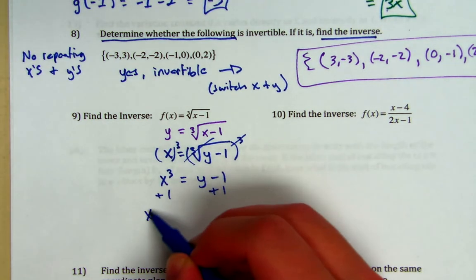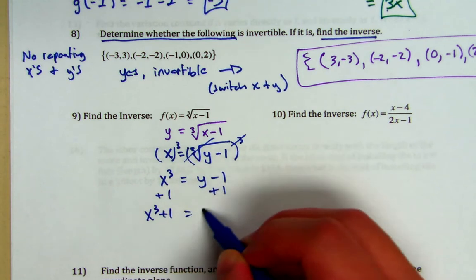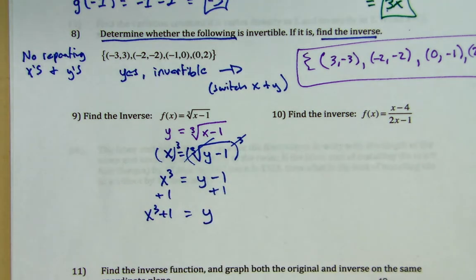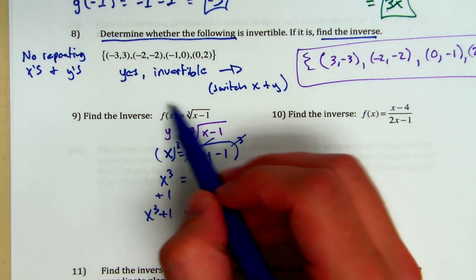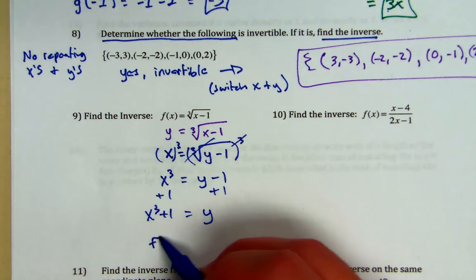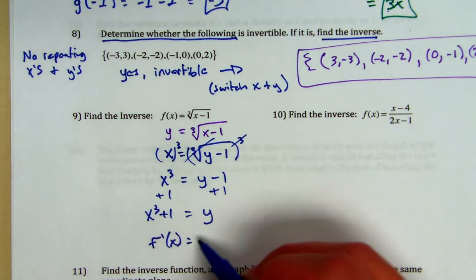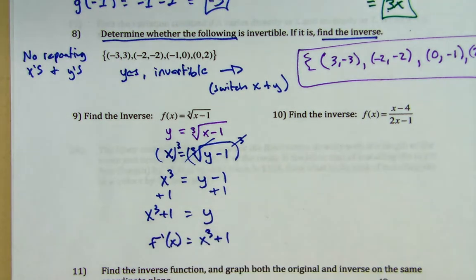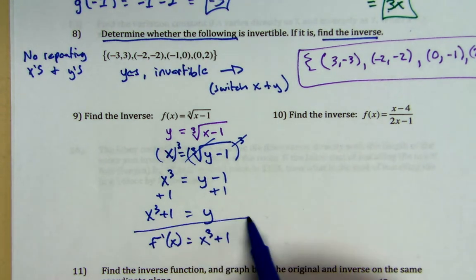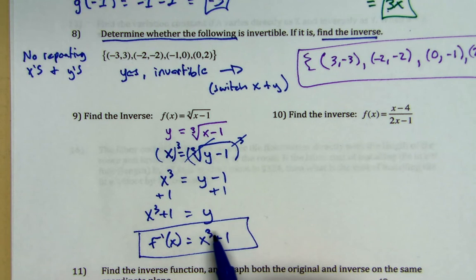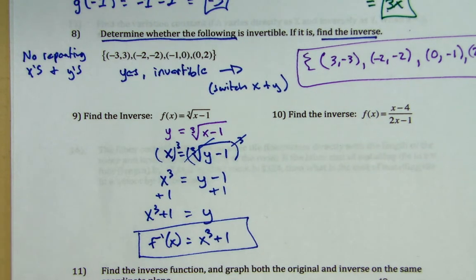Add 1, we get x cubed plus 1 equals y. But we need inverse notation. f inverse of x equals x cubed plus 1. Now, because I have an odd root in the end, there's no restriction necessary for this one, so I'm done. If this was even, I would need a restriction at the end.